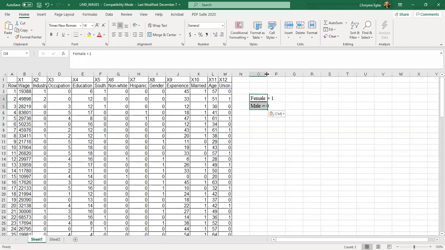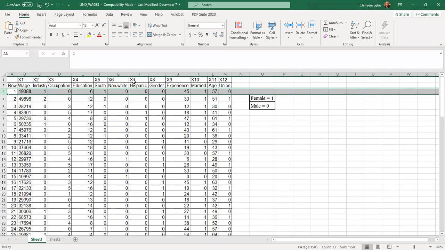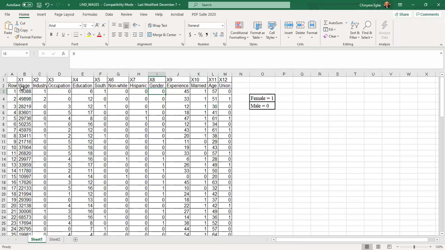Okay. So if the variable has a value of 0, that is male. If it has a value of 1, that is female. So for example, this particular observation, this first person is a male and makes 19,000.